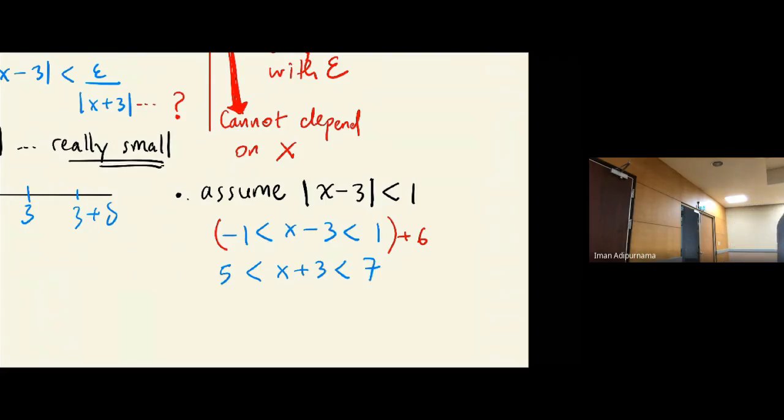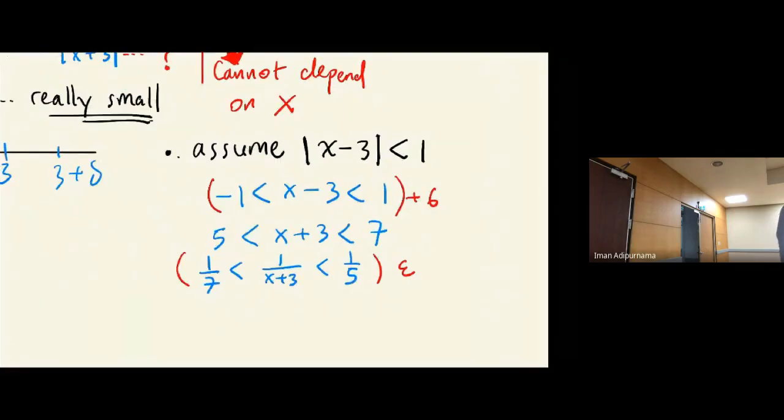Let me reciprocate all, and to make it all use the less-than symbol, 1 over 7 less than 1 over x plus 3 less than 1 over 5, and multiply all by epsilon. So we'll have epsilon over 7 less than epsilon over x plus 3 less than epsilon over 5.